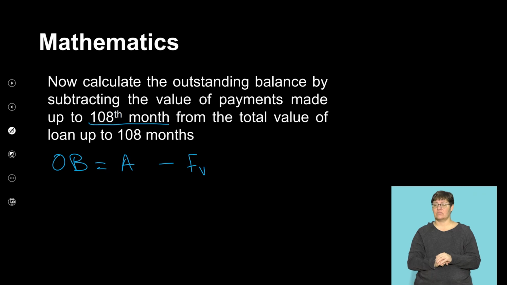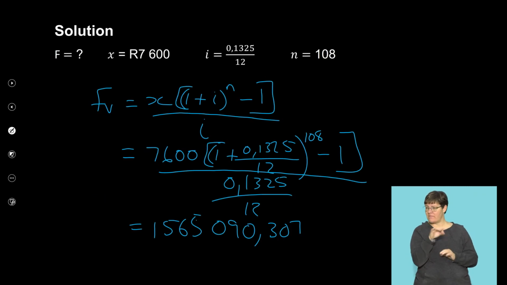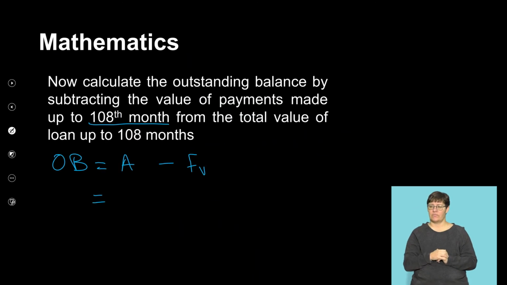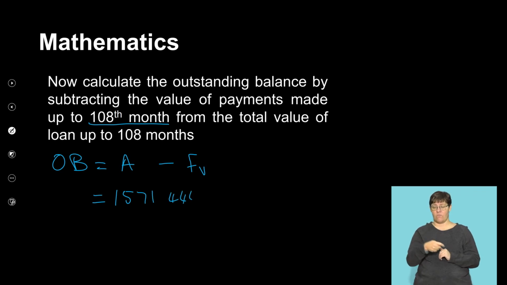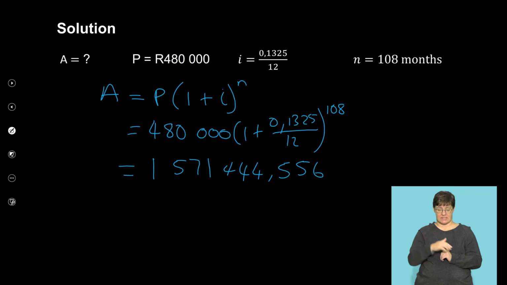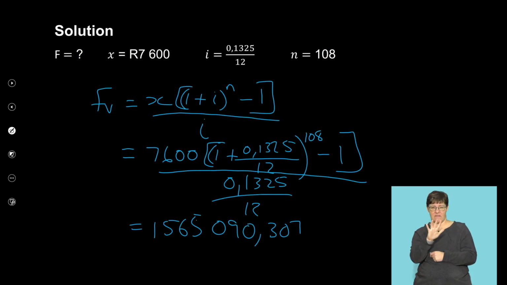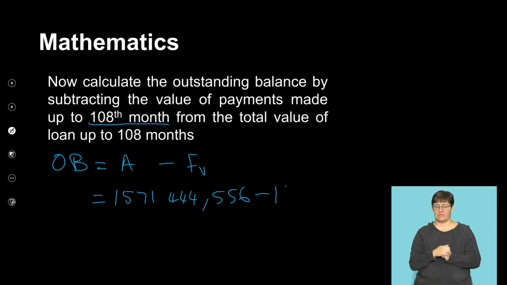The first calculation was the A value. So I'm just going to go back to get my values as they are. 1,571,444.556, yes, minus, then this one was 1,565,090.307.